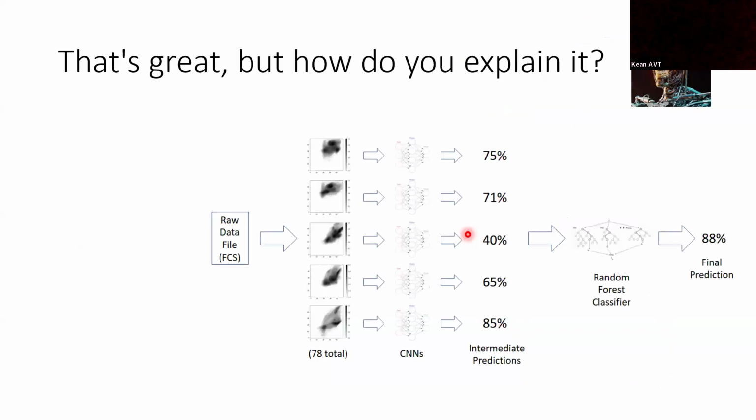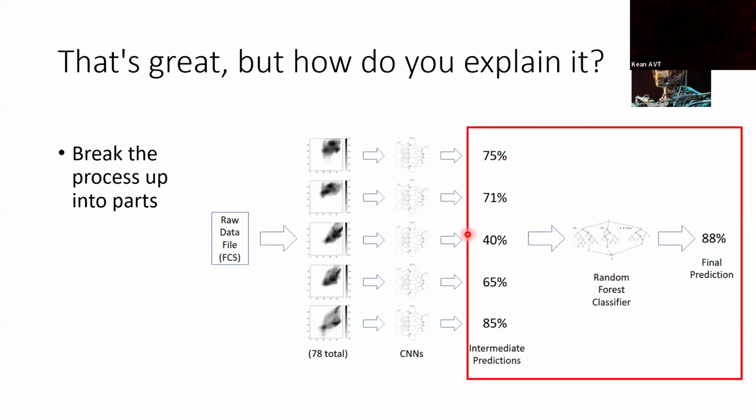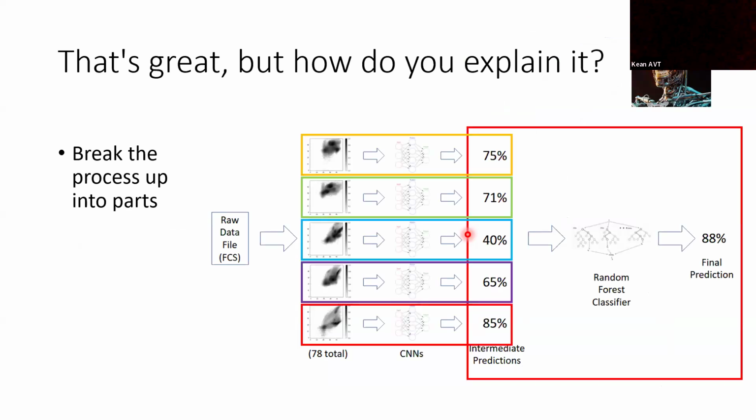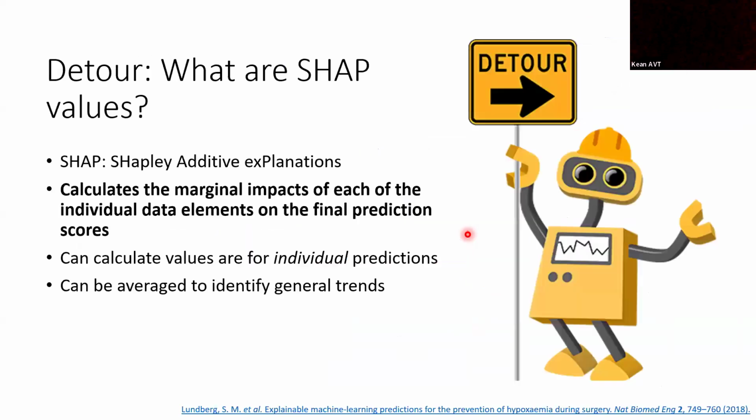Okay, so that's great, but how do you explain it? We can break the process up into parts. We can look at the final integrating random forest, and we can also look at the convolutional neural networks. What we used was SHAP values. So again, what are SHAP values?